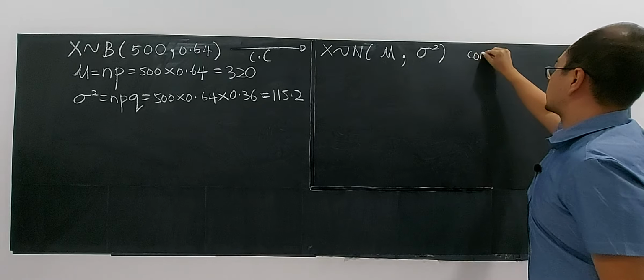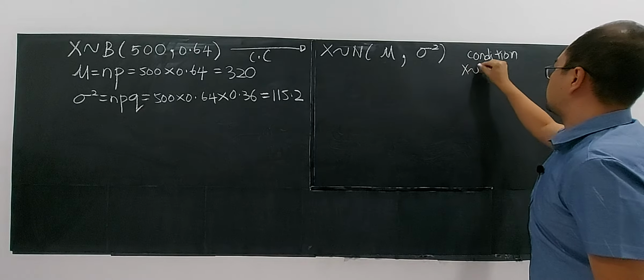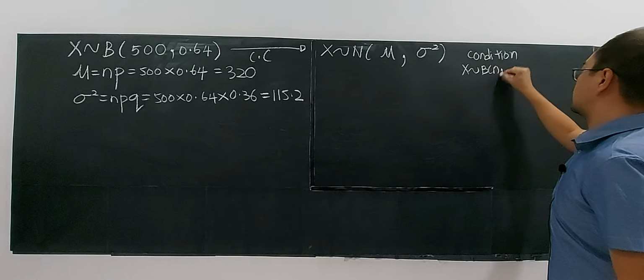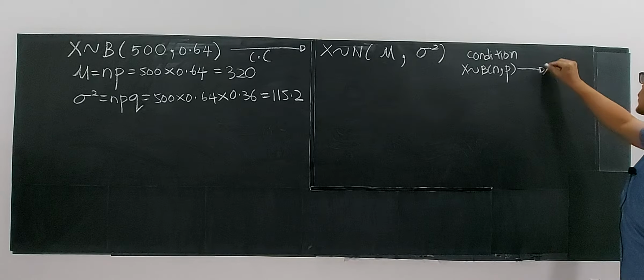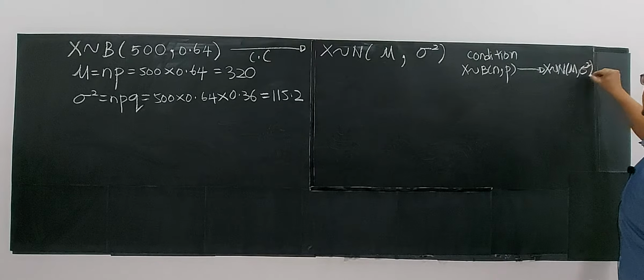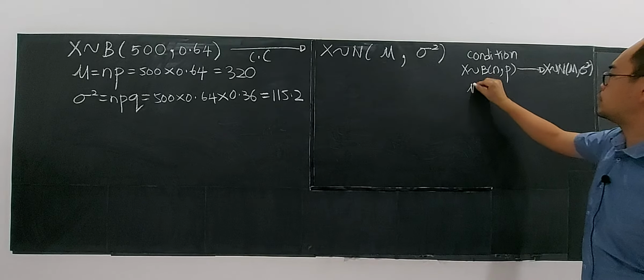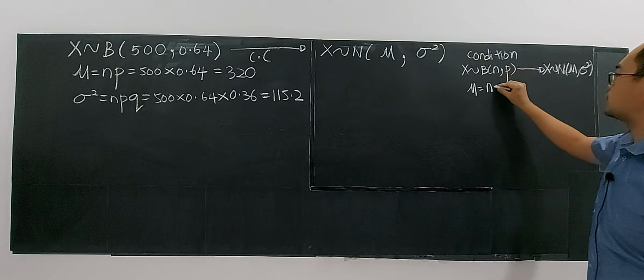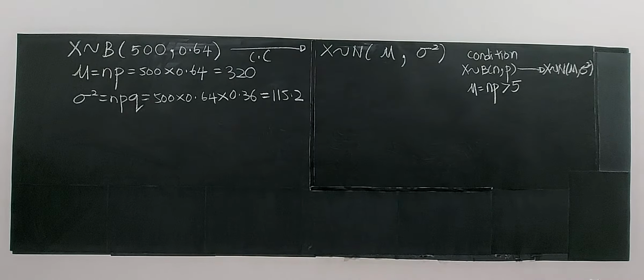I write here the condition for a binomial distribution to use the normal distribution to solve the problem. We have a condition: the value of np, the mean, which is n multiplied by p, must be greater than 5.